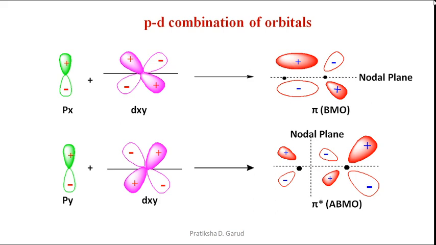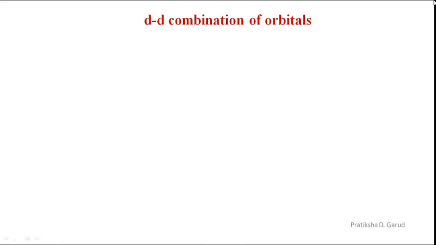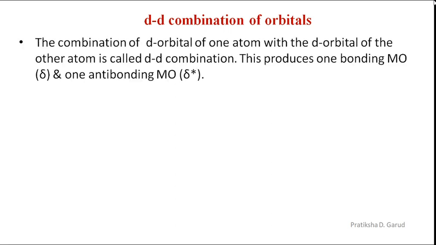The next type of combination is the d-d combination of orbitals. That means one d orbital undergoes overlapping with another d orbital. So the combination of a d orbital of one atom with a d orbital of the other atom is called a d-d combination. Again, as there are two atomic orbitals, it results in the formation of two molecular orbitals.